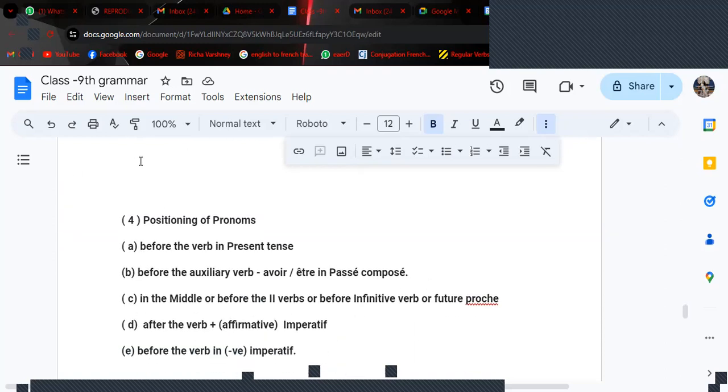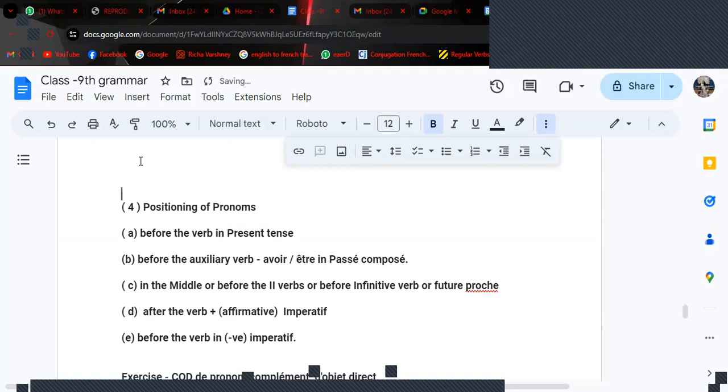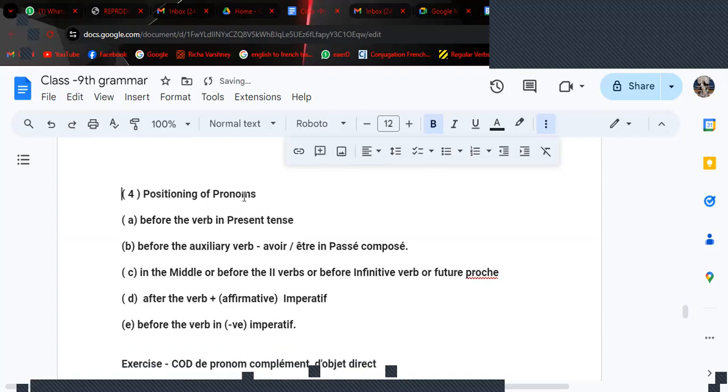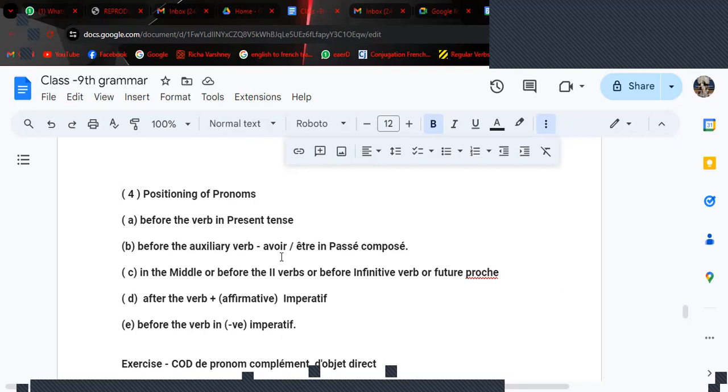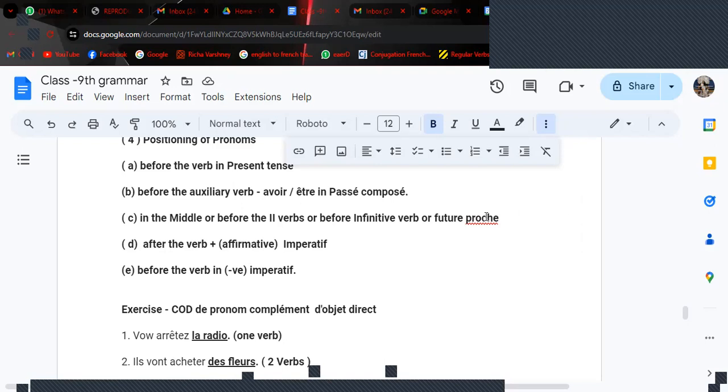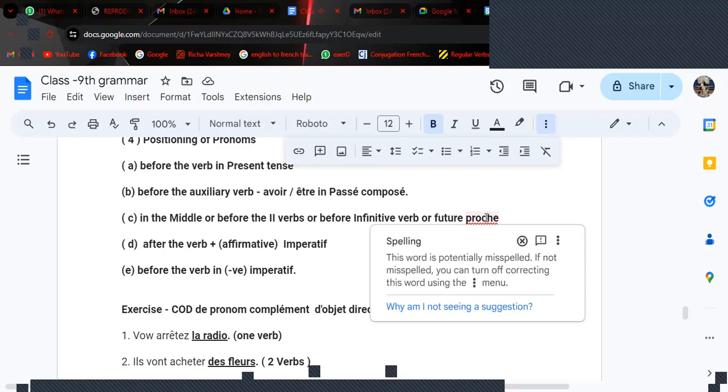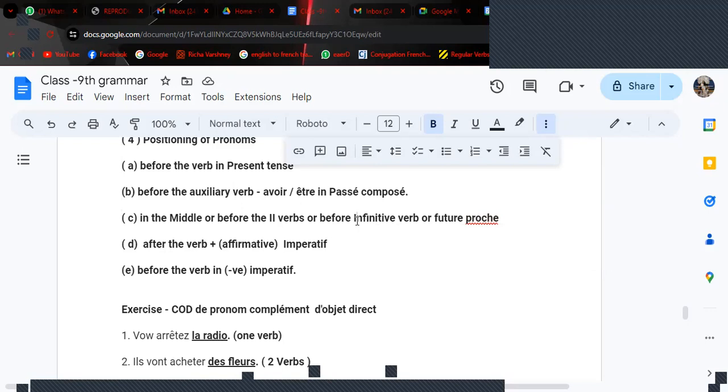Now, how to position? This could be a challenging job, how to position the pronoun. We have to put the pronoun always in front of, before, the verb in the case of present tense, right? When we are talking about passé composé, then it will be before the auxiliary. When we are talking about futur proche or an infinitive verb, right?